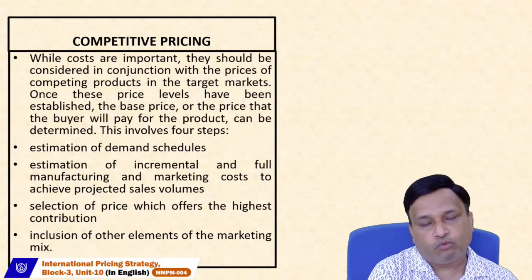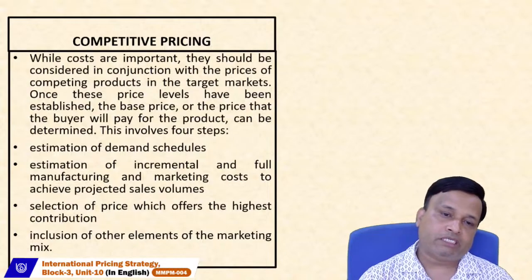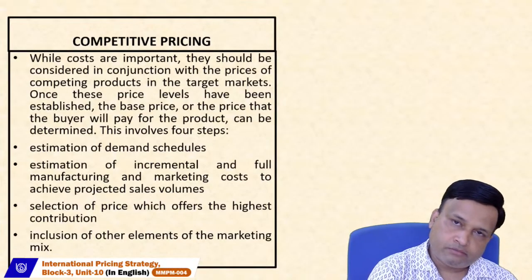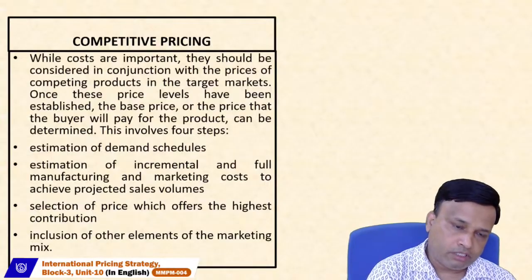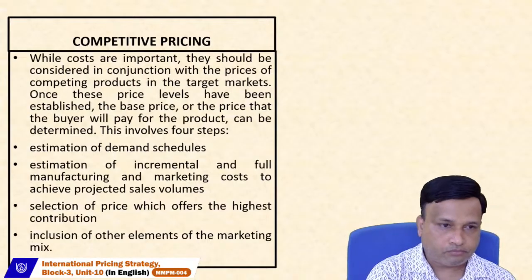First, estimation of the demand schedule: what kind of forecast, what can be the estimate? Second, estimation of the incremental full manufacturing and marketing cost to achieve projected sales revenue. So you are forecasting your sales, then deciding which kind of price mechanism will be good. Third, selecting the price which offers the highest contribution, and fourth, inclusion of other elements of the marketing mix.